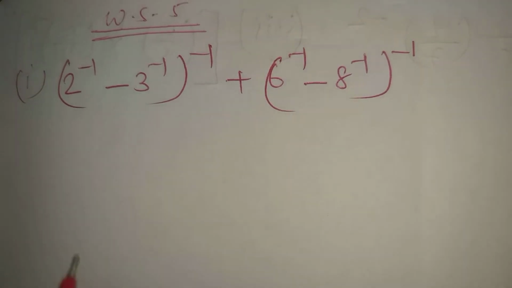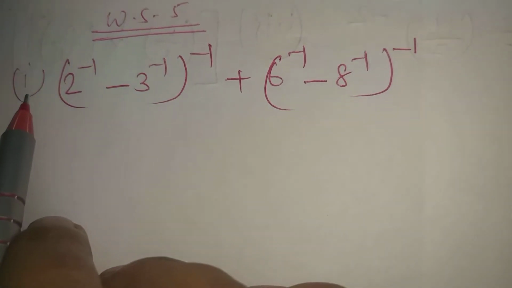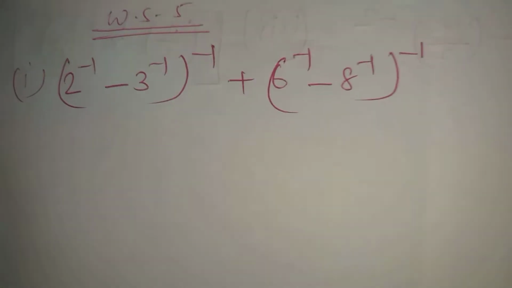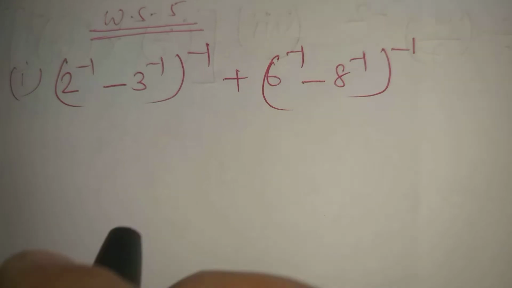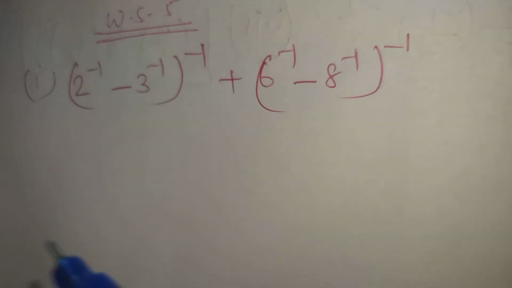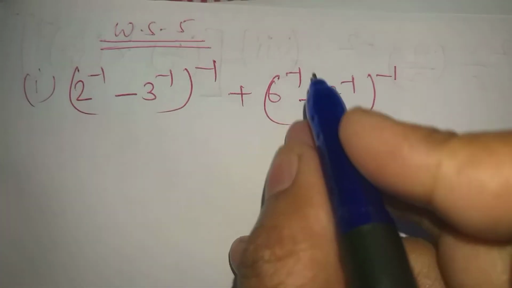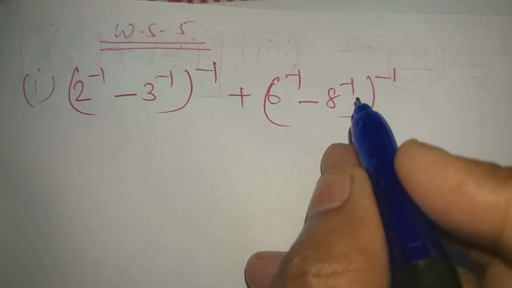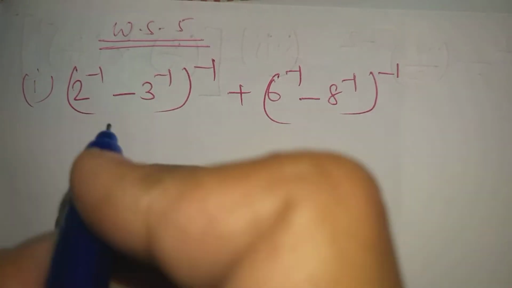Now look here. This is the first question of worksheet 5. 2 to the power minus 1 minus 3 to the power minus 1 plus 6 to the power minus 1 minus 8 to the power minus 1, whole to the power minus 1.